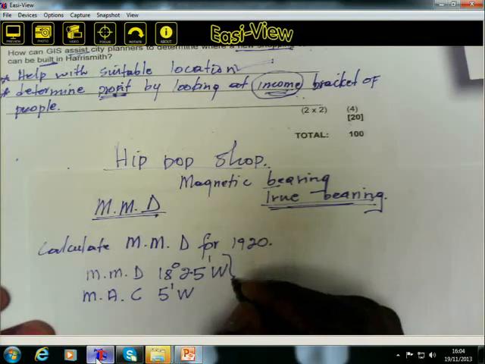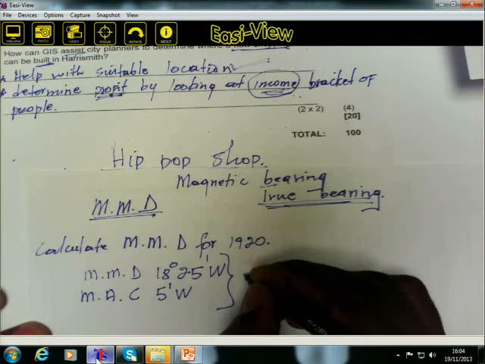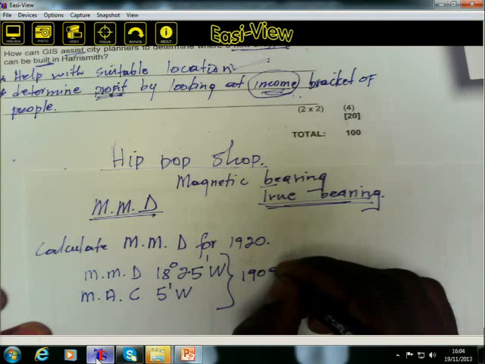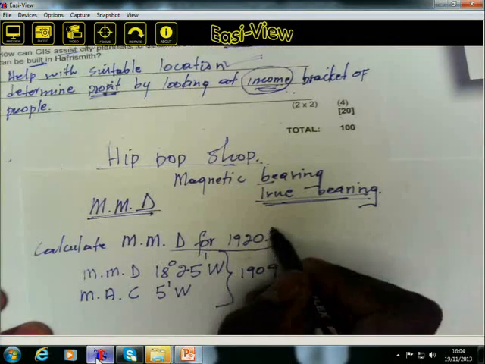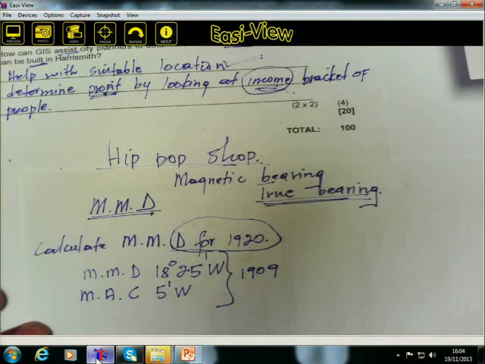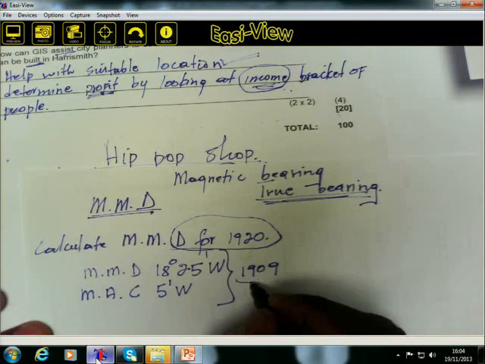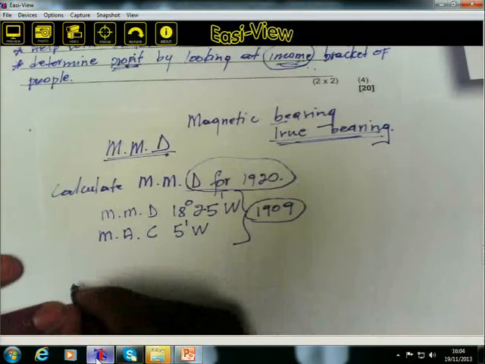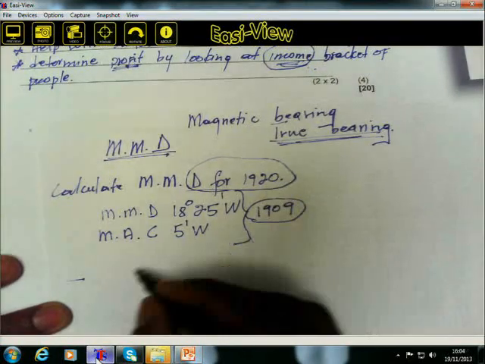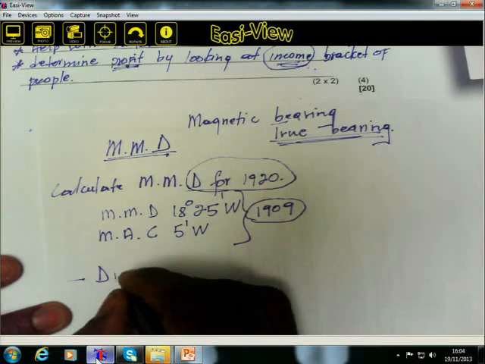And the whole information will be falling for which year? For 1909. Question says, you must calculate for 1920. But the information is for 1909. Now what did I say? First step is that you must subtract difference in years.